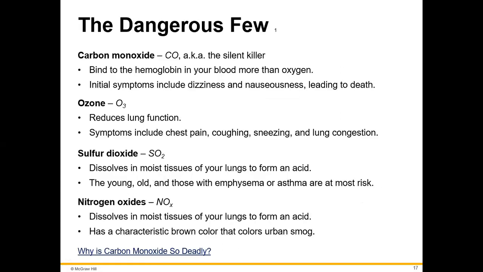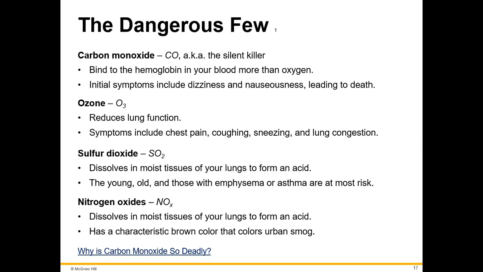All right, now some of these are ones you're familiar with. They're called the dangerous few in your book. These are ones that you should be exposed to through your studies in other classes. Carbon monoxide is probably something you've heard of. It is a colorless, odorless gas.